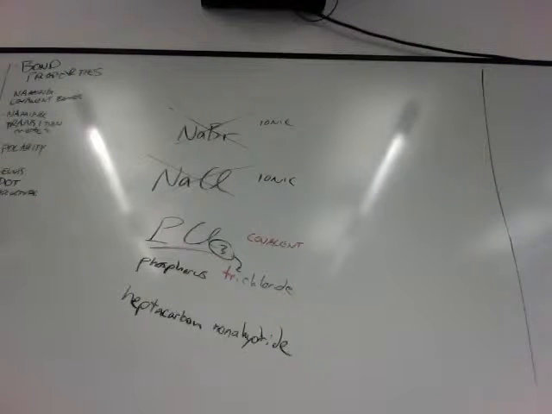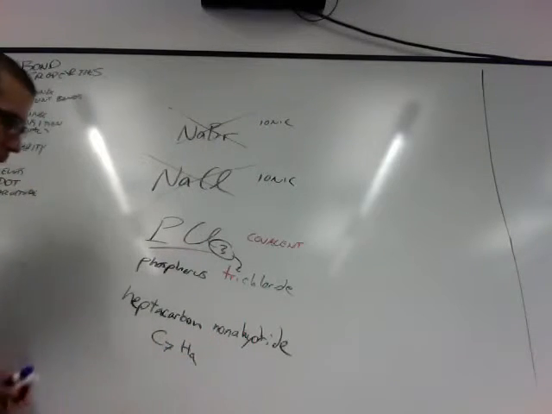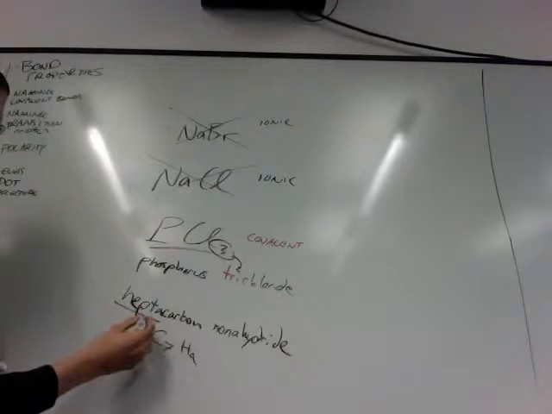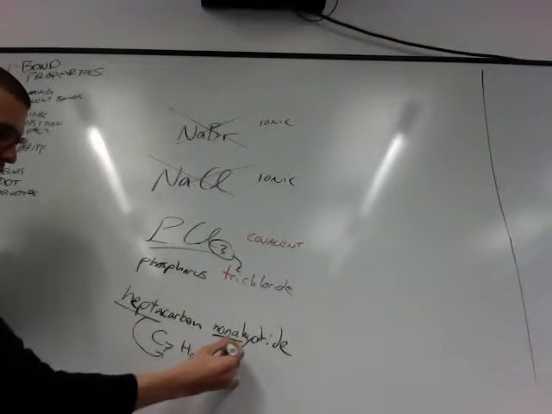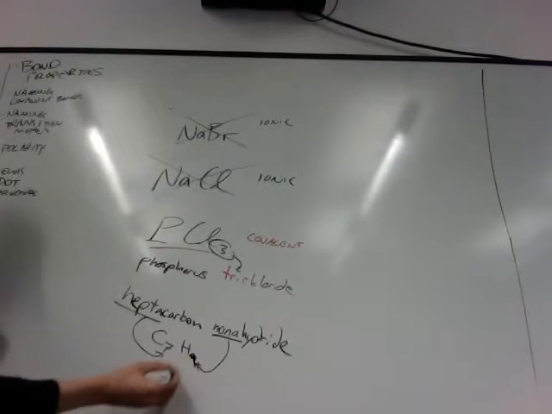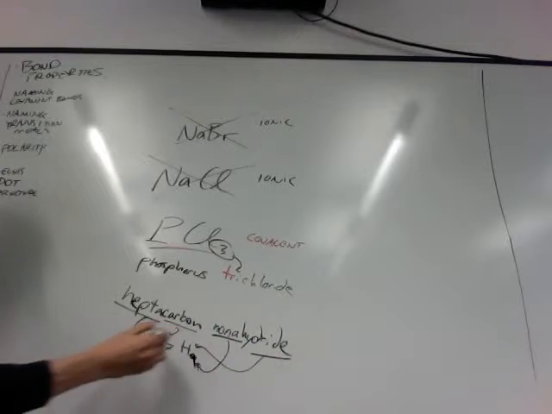Nano or mono? C7, H9. So all you're doing is taking the prefixes and translating them into numbers. That's not a ha, that's a 9. H9 hydride. Right there. And this is carbon.